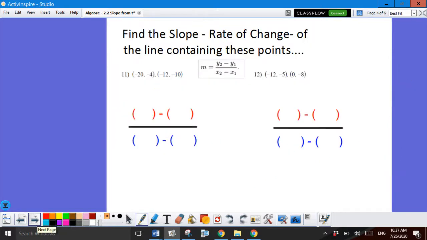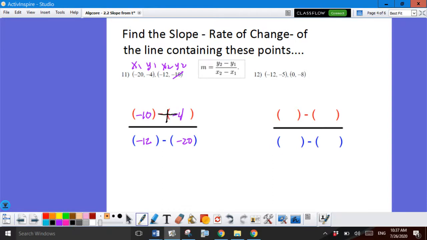All right, go ahead and hit pause and see what you can do with these two. And then we'll be done for the day and you can start your homework. All right, let's see how we did. So -10, -4, -12, -20.